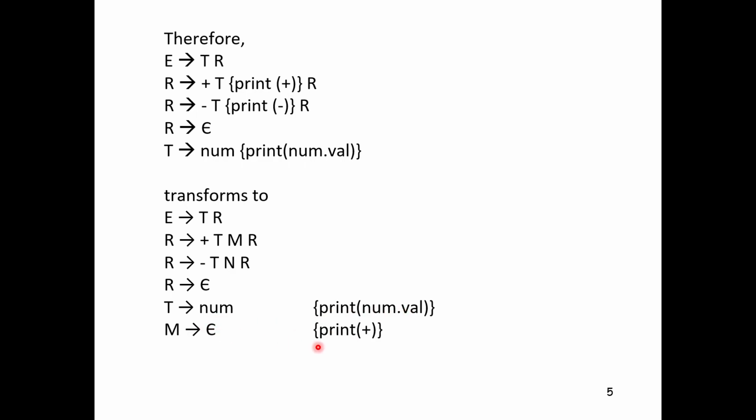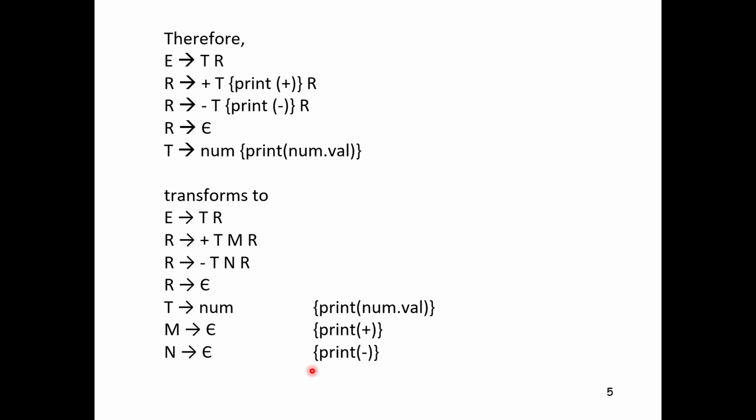So M gives epsilon. At the end of this production of this new marker, we have to introduce the action which we have replaced. So N gives epsilon, with its corresponding action. So this is an example where we can replace the translation scheme which is embedded between the symbols on the right hand side of a production.